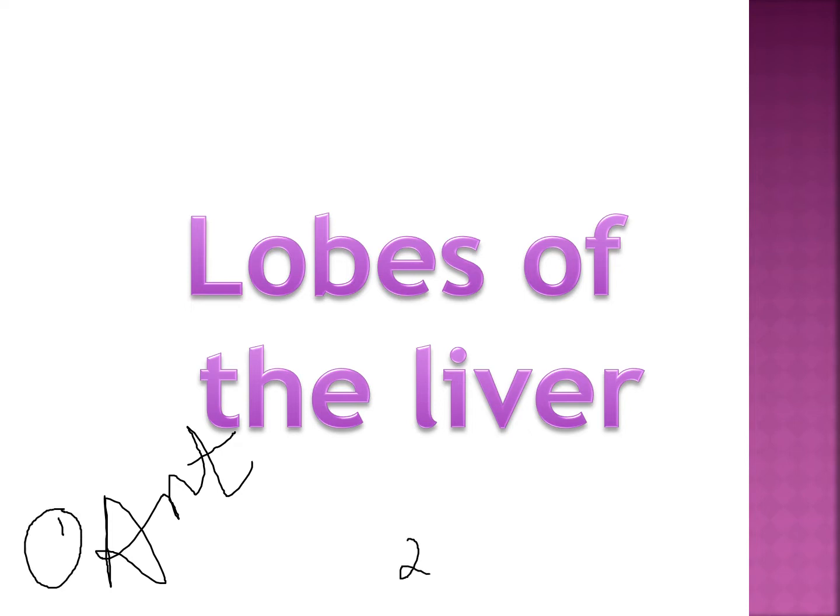Now, another very important point is the lobes of the liver. To study the lobes of the liver, we have to study them from the anterior view and also from the posterior view.